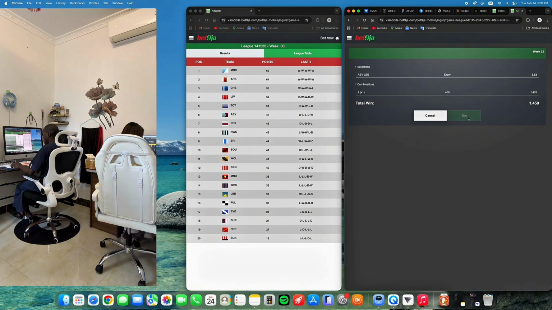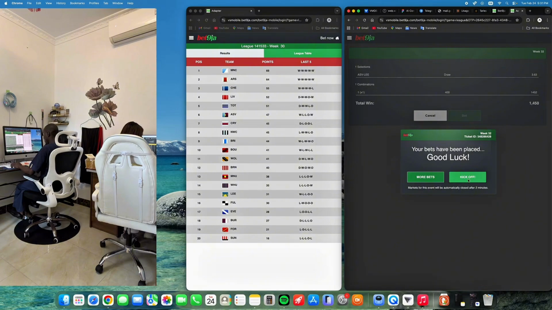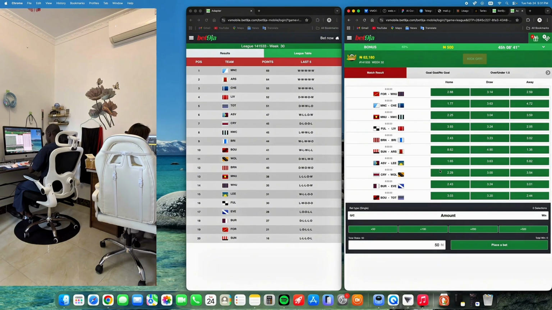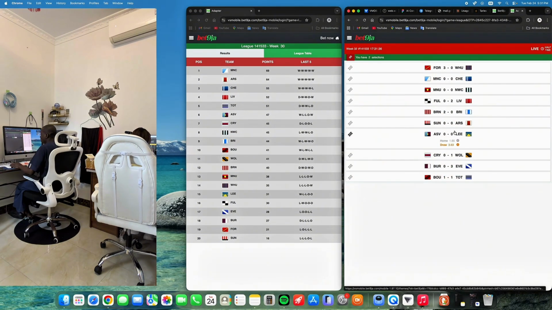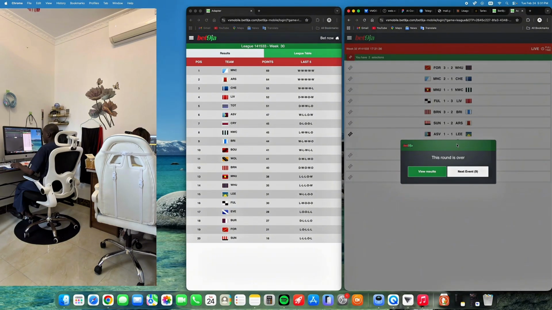So we are only losing if Leeds win the game straight. Now the chances that Leeds will win are also high, but currently they are drawing. So you can see, this is a very good way of backing your bets.